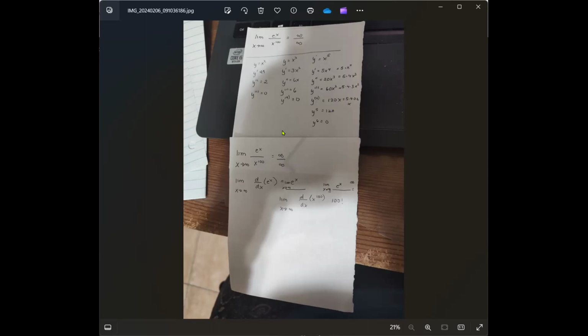Well, I can differentiate e to the x for as long as I want, and I'm only ever going to get e to the x, right? Regardless of what I approach, as long as this matches L'Hopital's rule, I can continue to differentiate e to the x, and I'm going to get e to the x as many derivatives as I take.